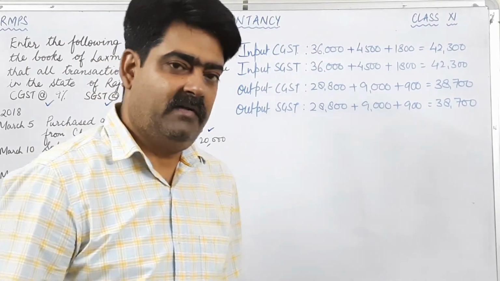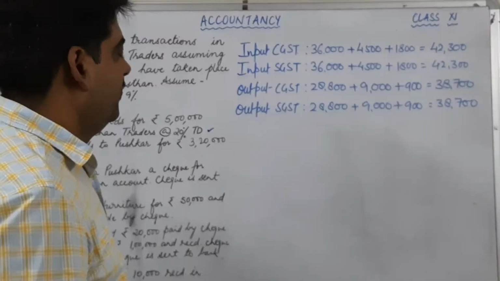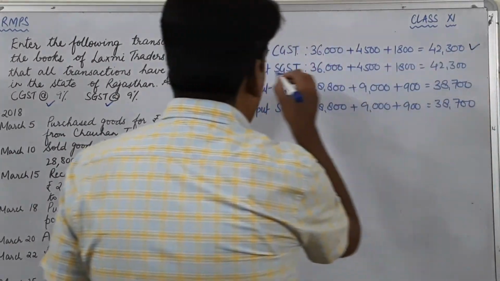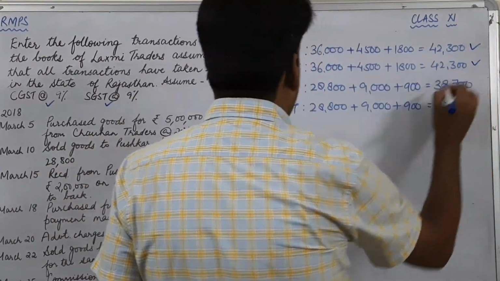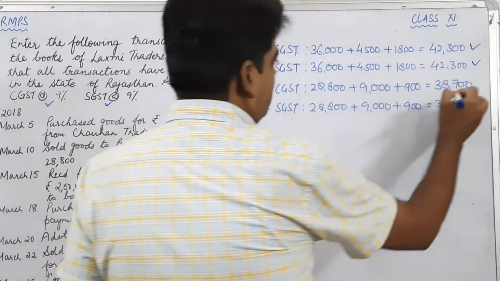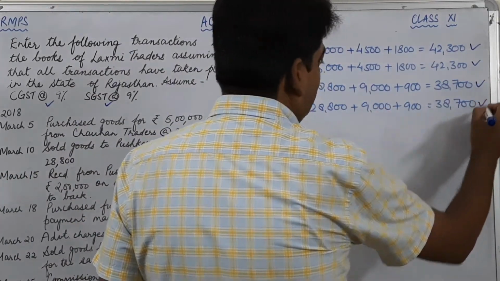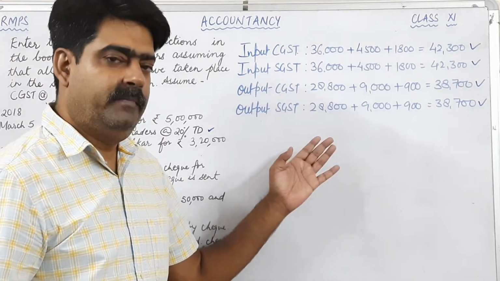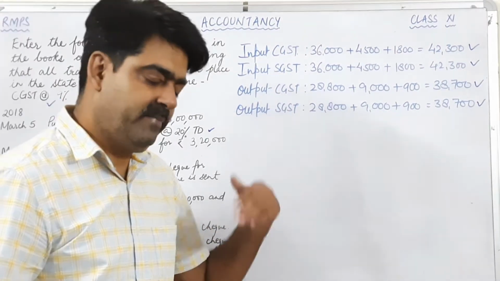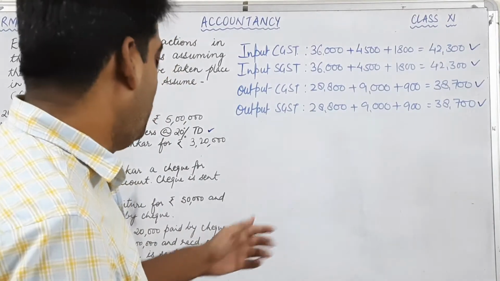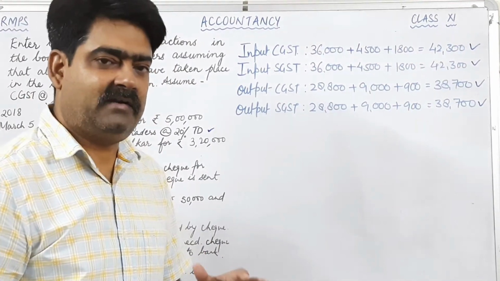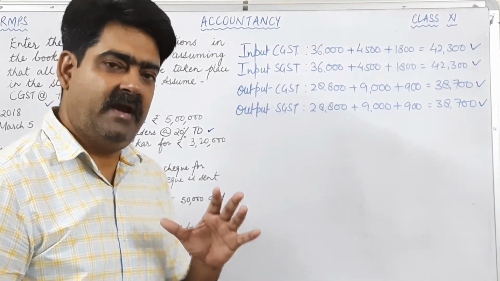Now listen students, we will learn set off of this question. So you can see in this question input CGST is 42,300 and input SGST is also 42,300, but output CGST and SGST collected is 38,700 and 38,700. So in this question you can see output, meaning collected tax, is less as compared to tax whatever we have paid. So in this case, whatever tax we have collected, only that much tax will be adjusted.